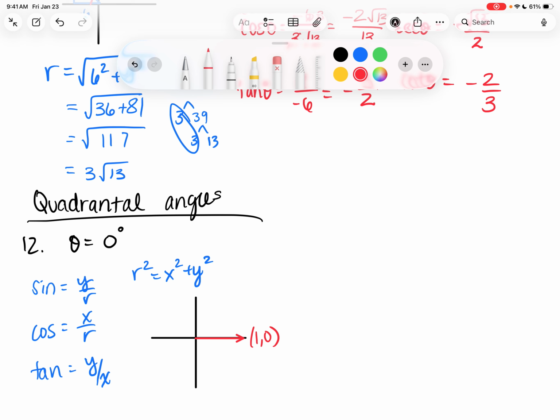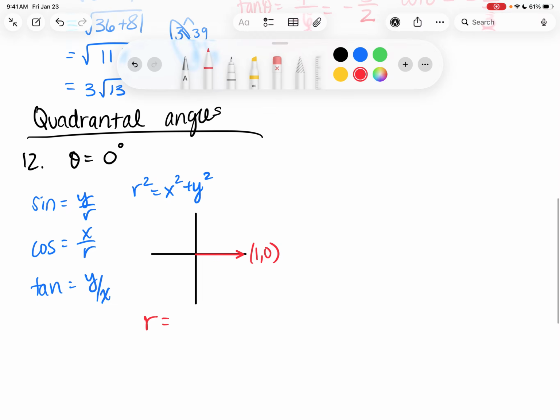The point that it's going to is 1, 0. So I need to find r. r is equal to the square root of 1 squared plus 0 squared. So r is 1. So x is 1, y is 0, r is 1.